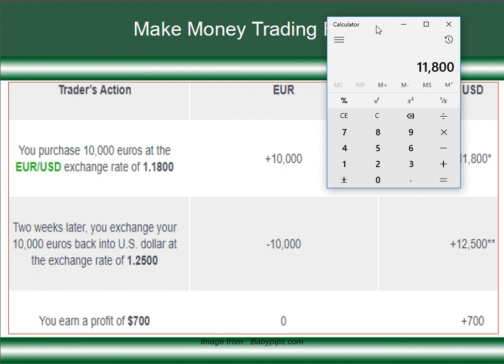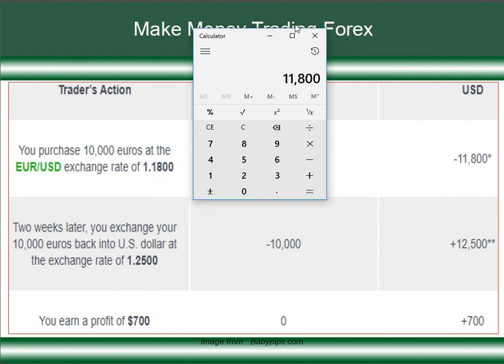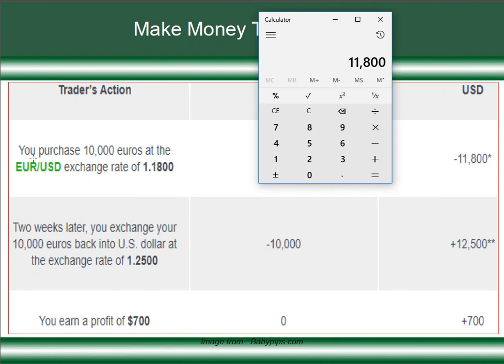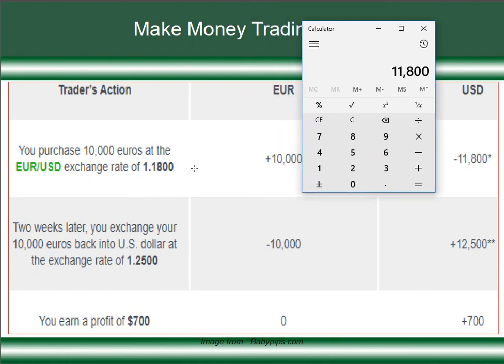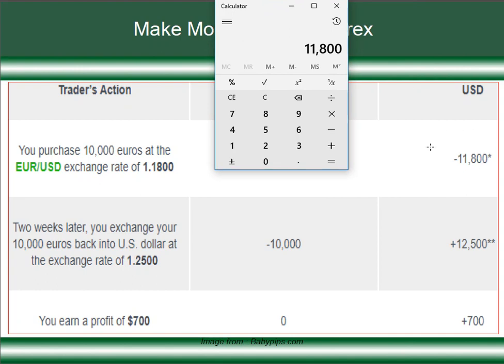Are we there? Now, after some time, I want to sell back my euros and get back my USD. Remember, I bought. For the trade to end, if you bought, you must sell. If you had sold, you must buy. Okay, so here in our case, we bought euros using USD.